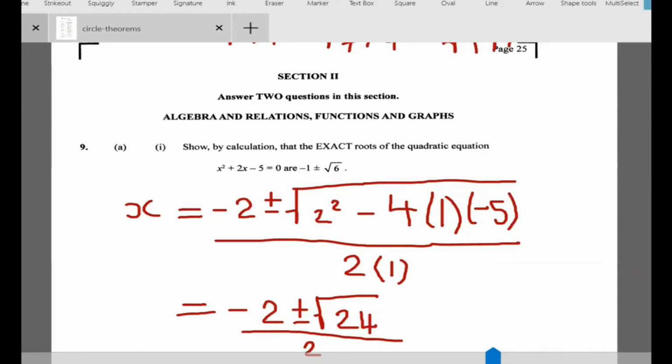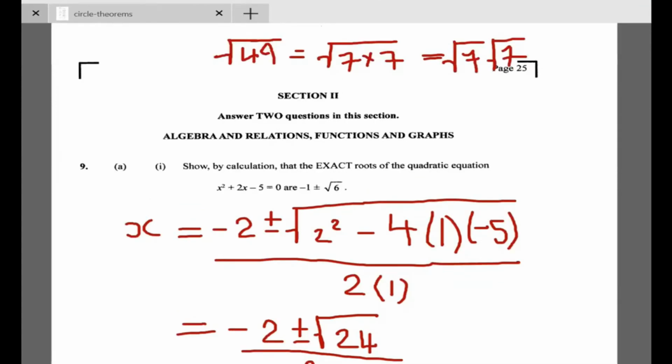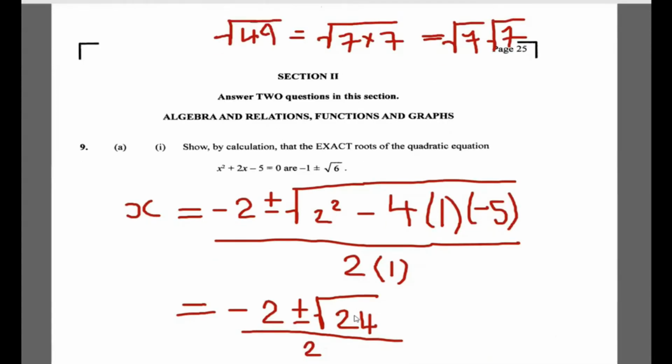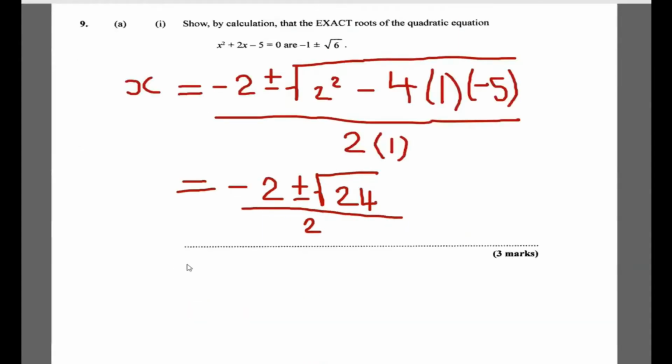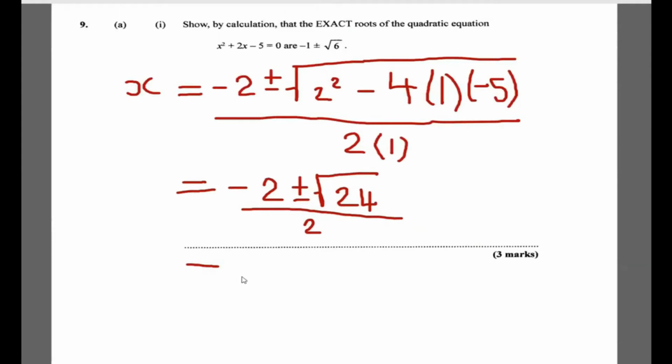I'm telling you this because we can break out this square root of 24. It can be written as -2 plus or minus the square root of 4 times the square root of 6, and it's being divided by 2.